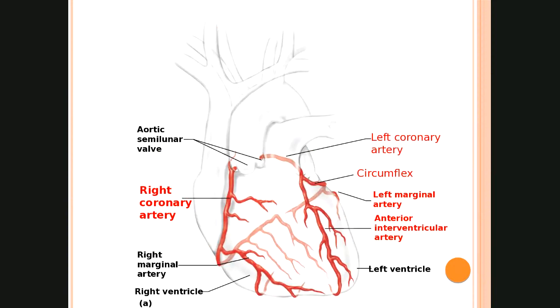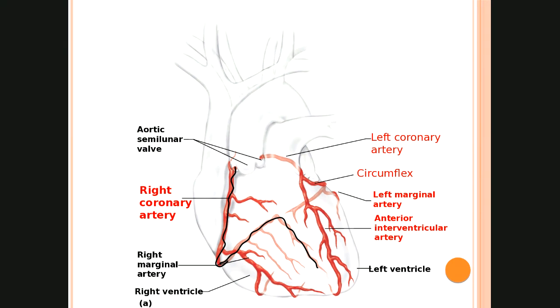On the right side, the right coronary artery is much more pronounced. It's longer. It goes out and begins to travel through the coronary sulcus to the backside of the heart, and then branches down into an artery that travels through the posterior interventricular septum.